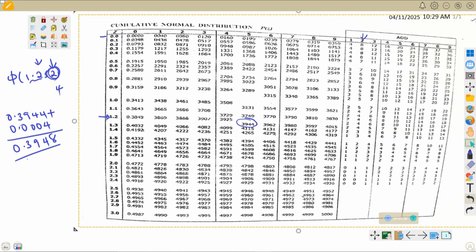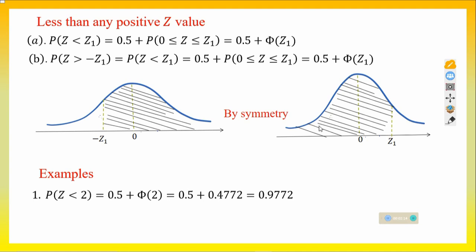So we shall go back and substitute 0.4772 where there is table reading of 2, and the value obtained will be the value for p of z less than 2.